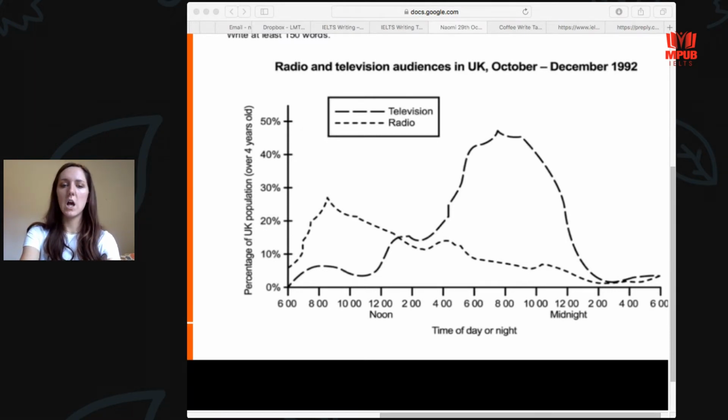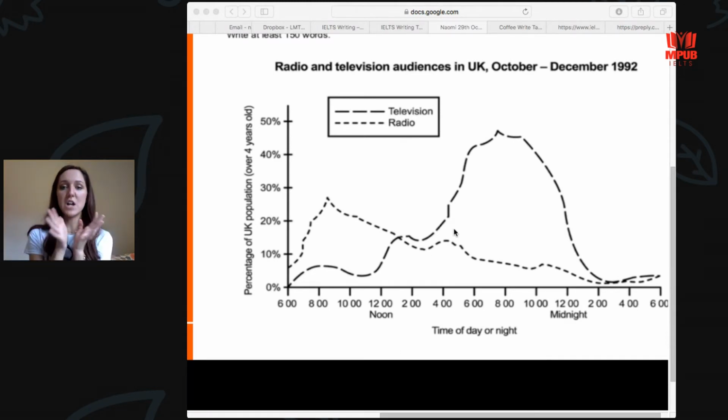Whilst radio audiences had their peak listening time at approximately, what time was it? 9 a.m. This was a good opening sentence. I'm just going to put it in the comments there so that you can see. So in October to December 1992, TV viewers in the UK tended to watch most TV at 8 p.m, whilst radio audiences had their peak listening time at approximately 9 a.m.